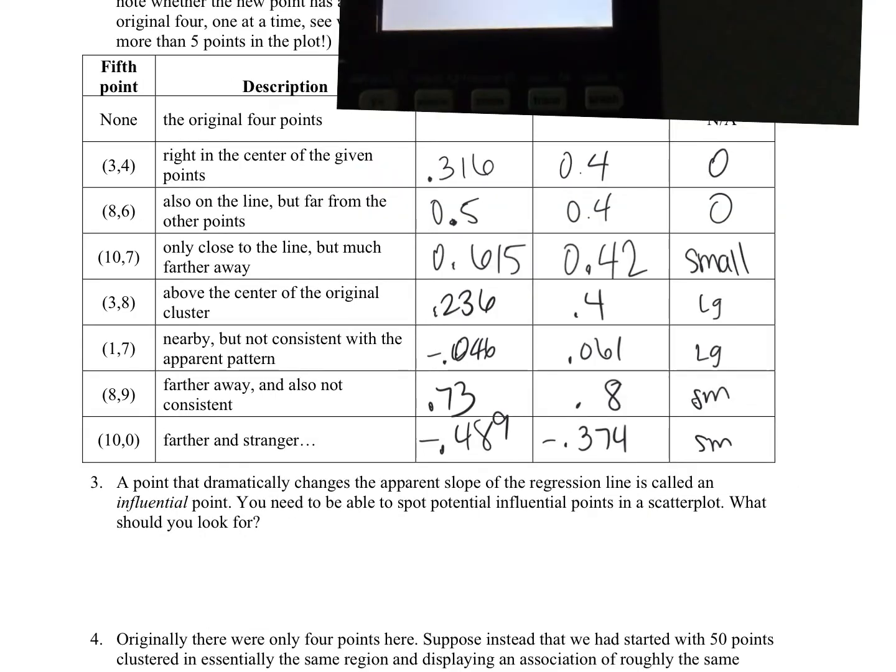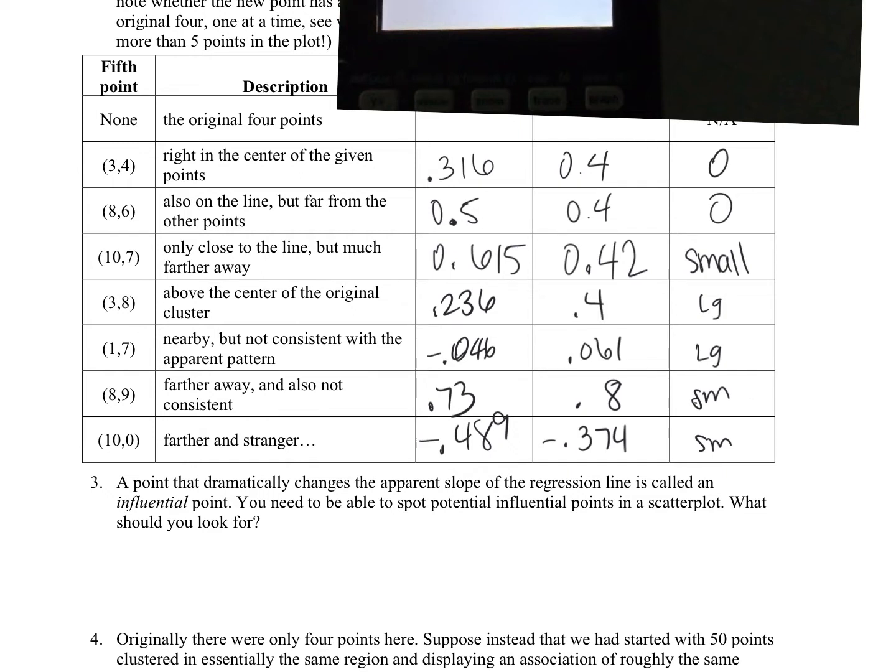Okay, as we looked at these points, we were looking at how adding a point to a set of data that's pretty equal distance around a line can influence the slope and the correlation. And with that, does an influential point always have a big residual?